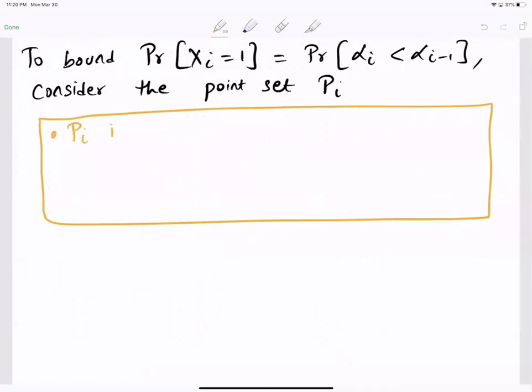Initially we took this set P and we did a random permutation of it, right? But if you just focus on Pi, we can make the following statement. And this is very important. We say that Pi is a random permutation by itself.